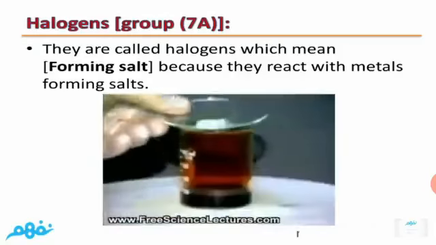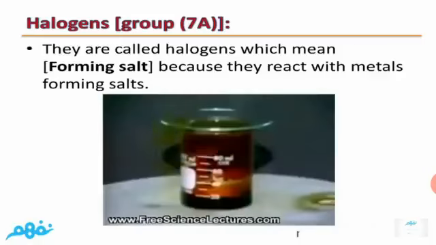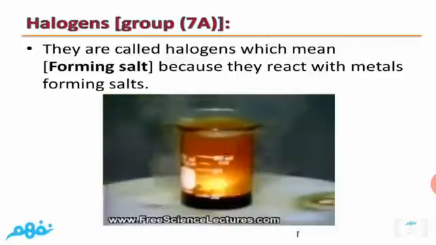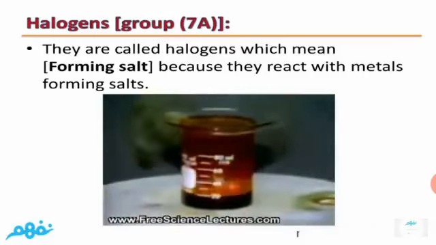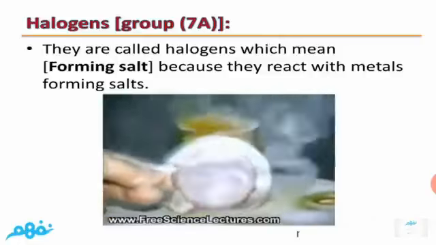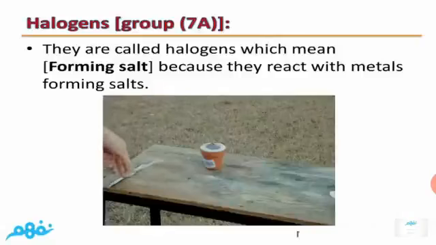This is another reaction, which is the reaction between liquid bromine and sodium. They will form sodium bromide, which is salt too. Also, the reaction between iodine and sodium forms sodium iodide.